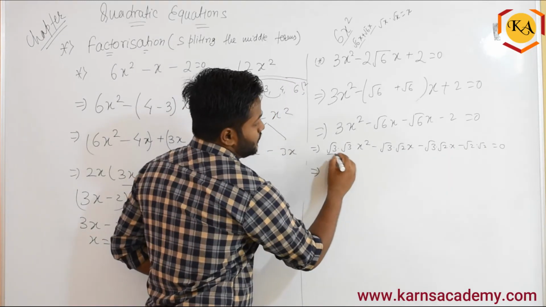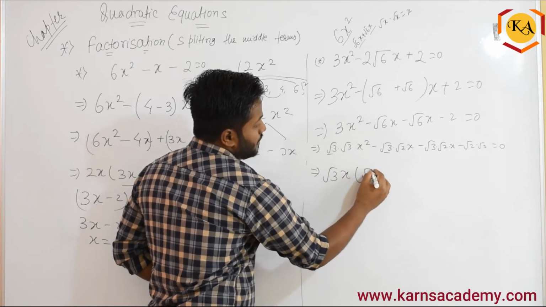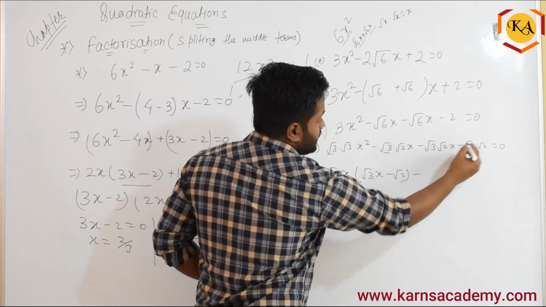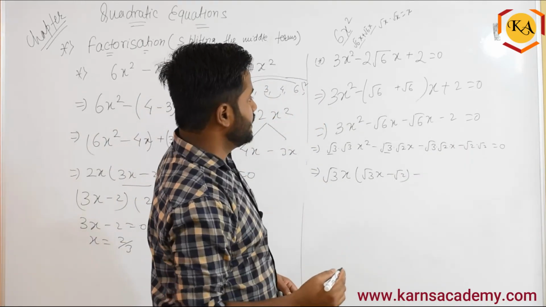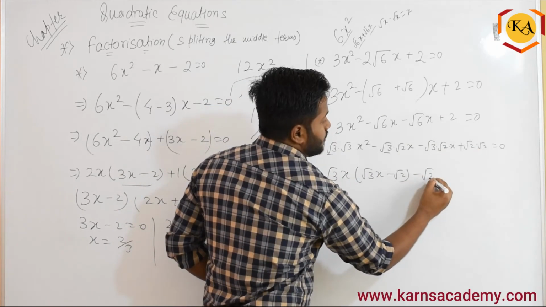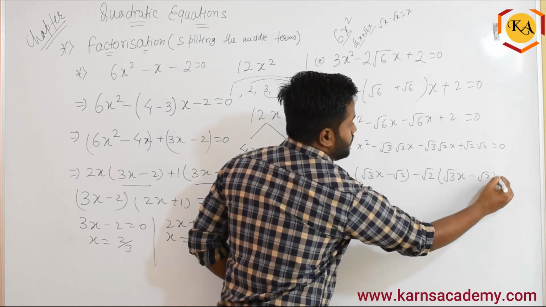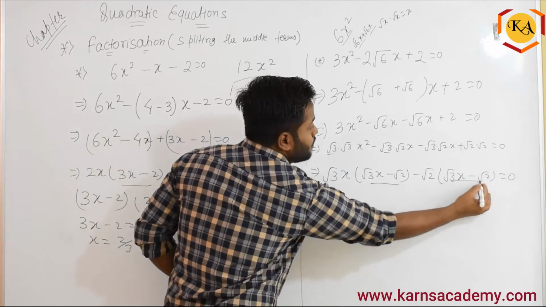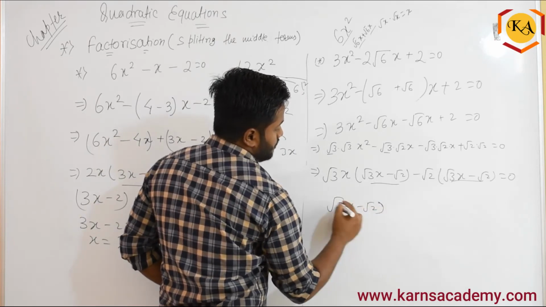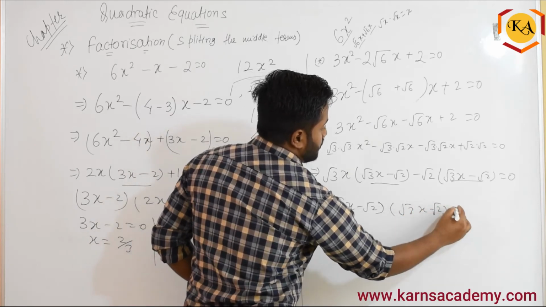Now take common. So can I take this common, which means root 3x is common. So what is remaining? Root 3x minus root 2. And what is common over here? Sorry, here root 2 is common, so root 3x minus root 2 is remaining. Similarly, these two parts are same, which means I can write root 3x minus root 2 common, and here root 3x minus root 2 equal to 0.